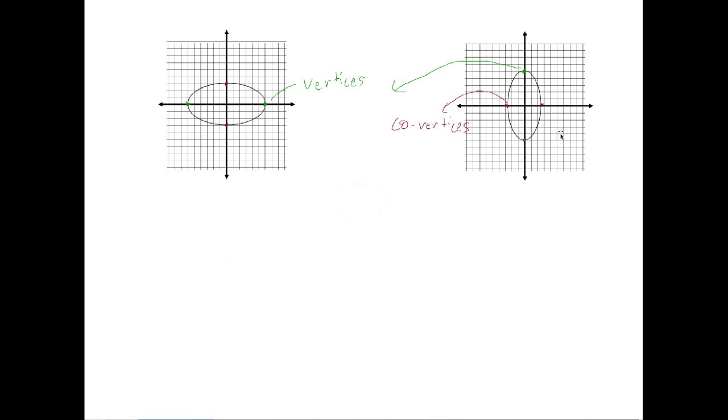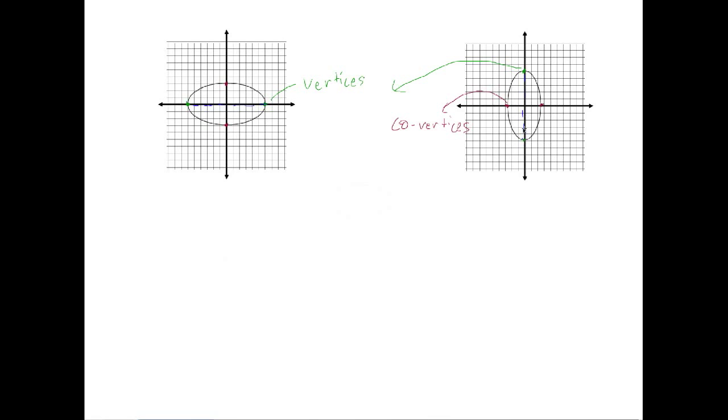All right. Now, the vertices are the endpoints of what is called your major axis, or the longer length of the ellipse. So on your horizontal ellipse, it runs horizontally, and on your vertical ellipse, it runs vertically.